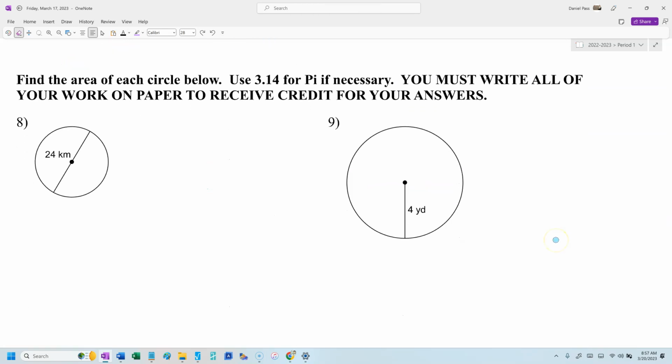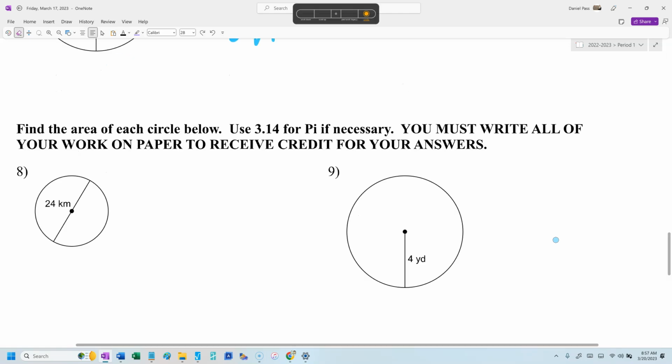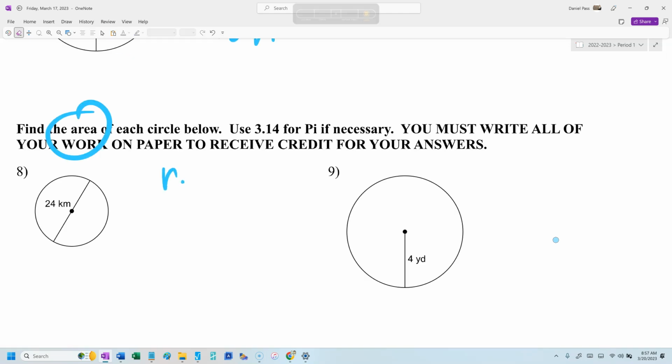Now, area. Oh, I didn't give you any circumference ones, did I? I might need to put some circumference ones in there. You gotta be ready. I might put a circumference one in there. But for now, it's area. Now, for area, you need to think about our song, right? Radius times pi. So what's the radius? This one's a little trickier because this one, they gave you the radius. This one, they didn't.